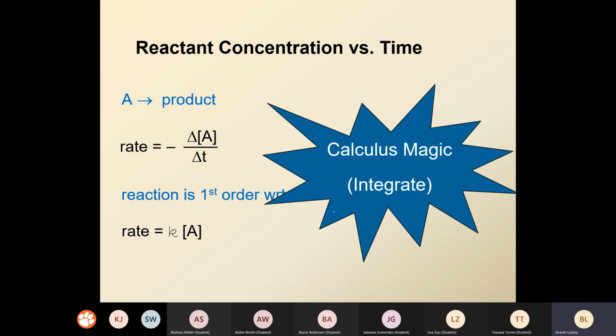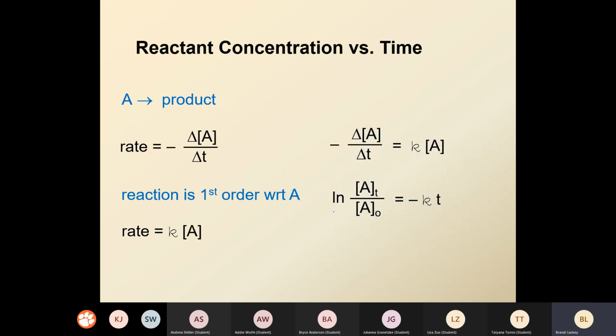we can integrate. We're not actually going to do the calculus to integrate unless you really, really want to. But we can solve and integrate and maneuver it around a little bit to where we get this integrated first order rate law. This is on your reference sheet. So this is not something that you have to memorize.